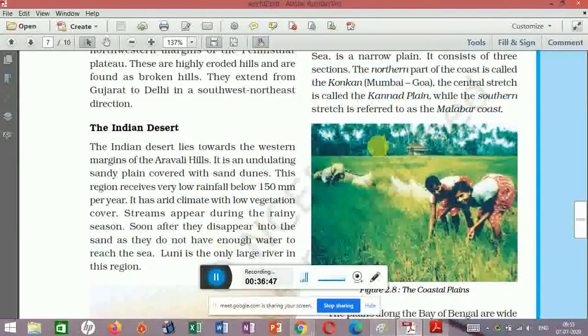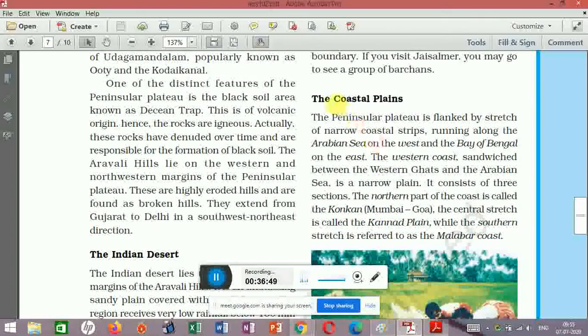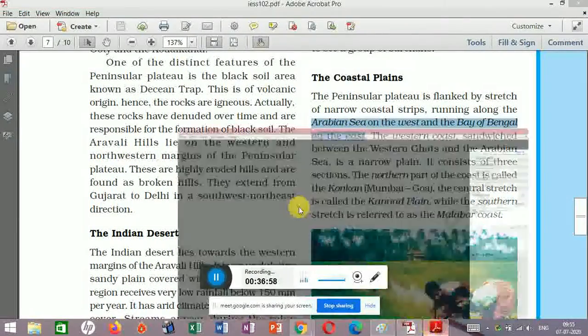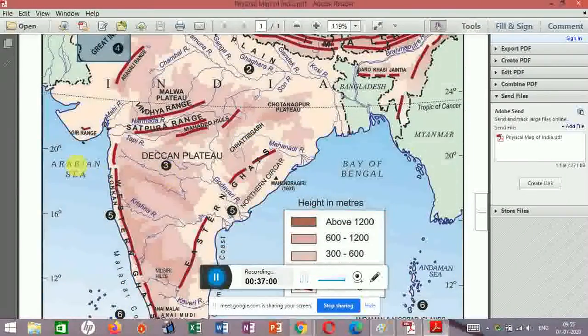Then the next important feature is the coastal plains. As you know, the Peninsula Plateau is flanked by two seas. I think all of you have already learned. We have the Arabian Sea here, and the Bay of Bengal here.